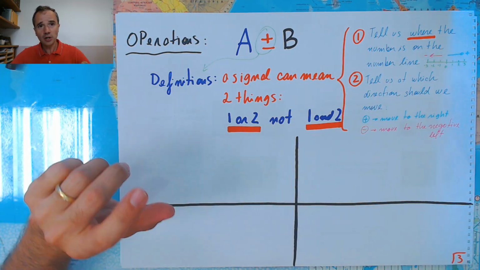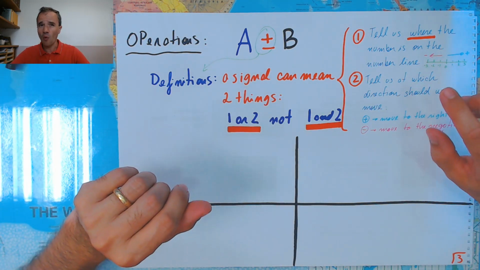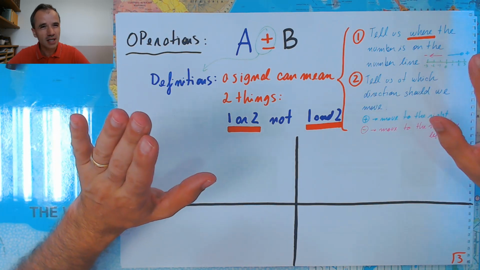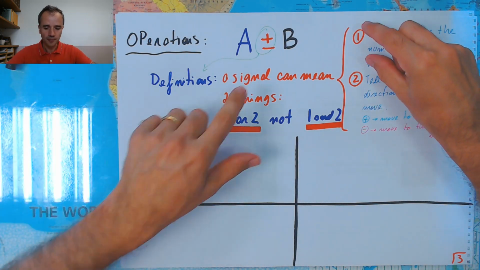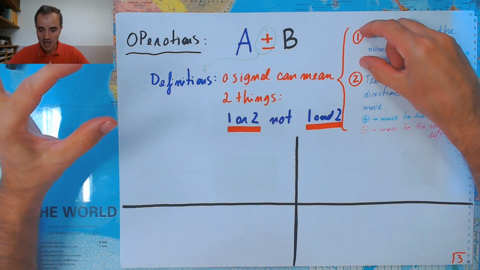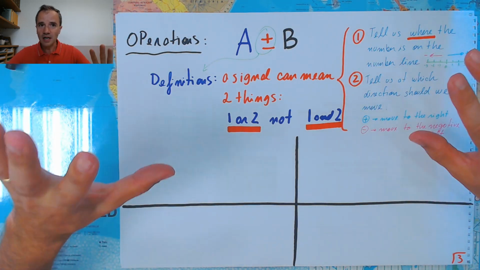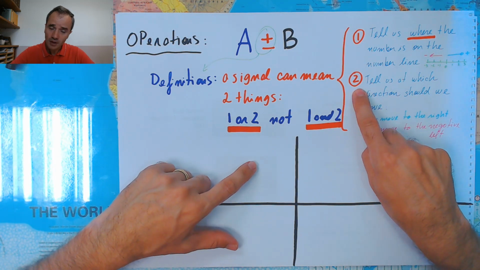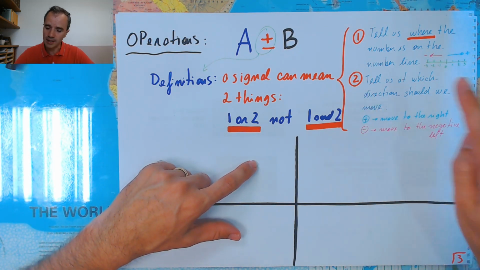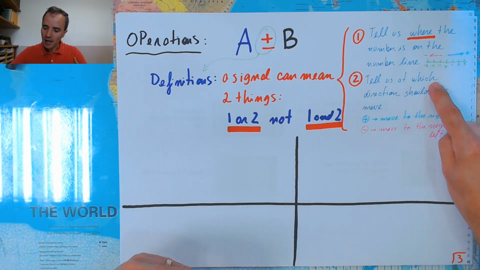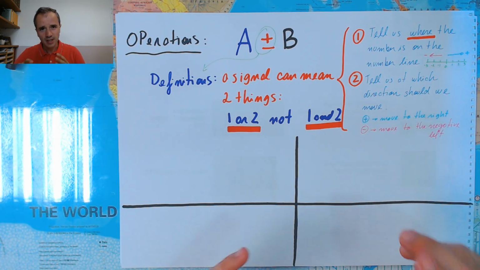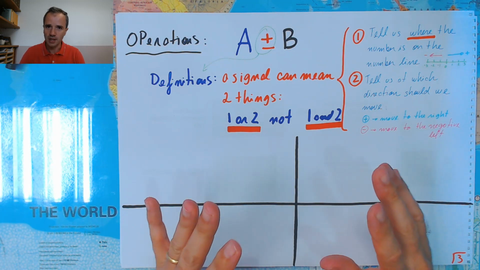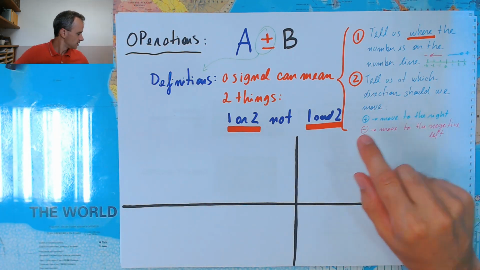Now, another way to see the sign is something totally different. There is no connection with the first definition. That's why I said you see the sign in this way or in this way, never in both ways. The second way is that the sign tells us in which direction we should move.